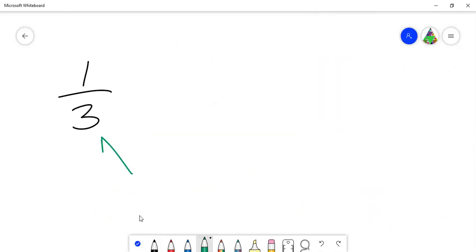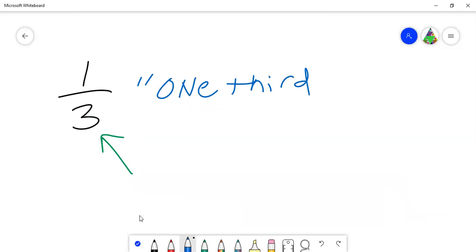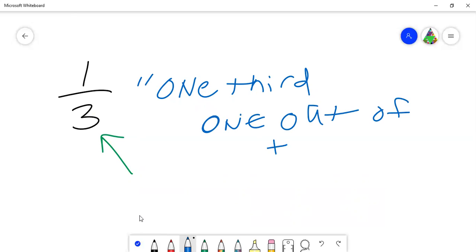That will be the bottom number. So again, here we have 1 out of 3. That's what this says, 1/3. It says 1/3. It also says 1 out of 3.